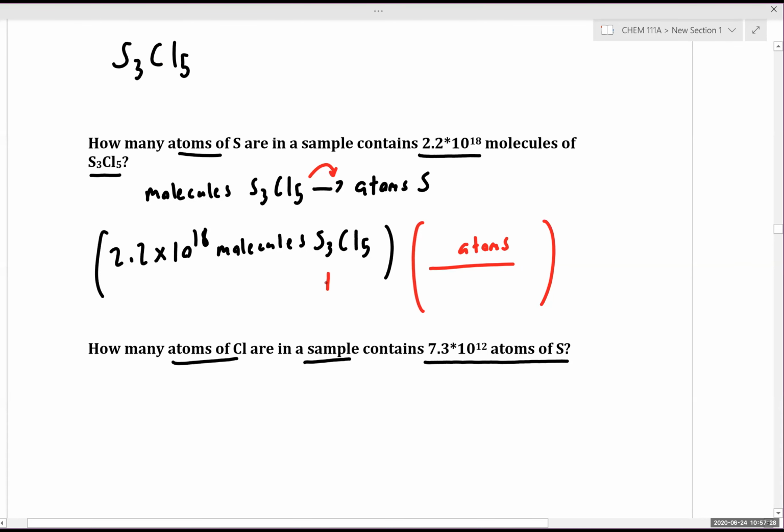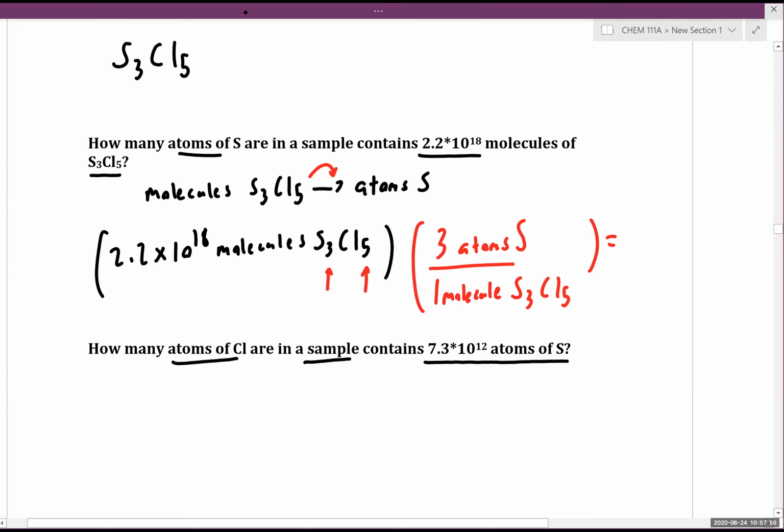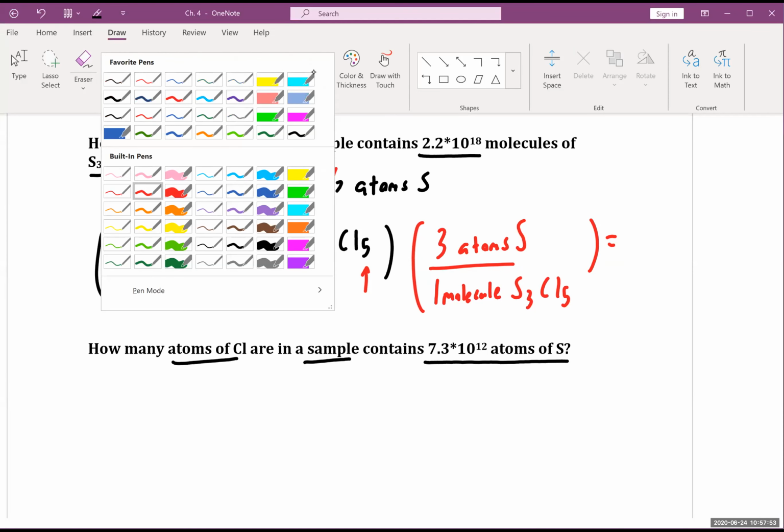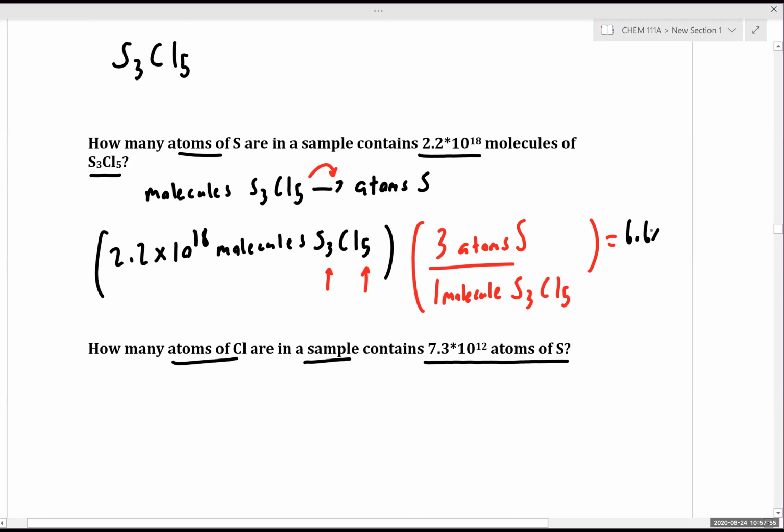And how many atoms of sulfur do we see in our formula? 3, yep. So we have 3 atoms of sulfur per 1 molecule of S3Cl5. And if we punch that into the calculator, that gives us 6.6 times 10 to the 18th atoms of sulfur.